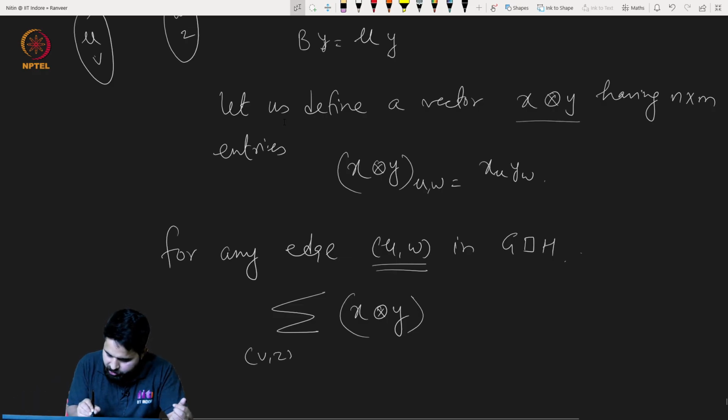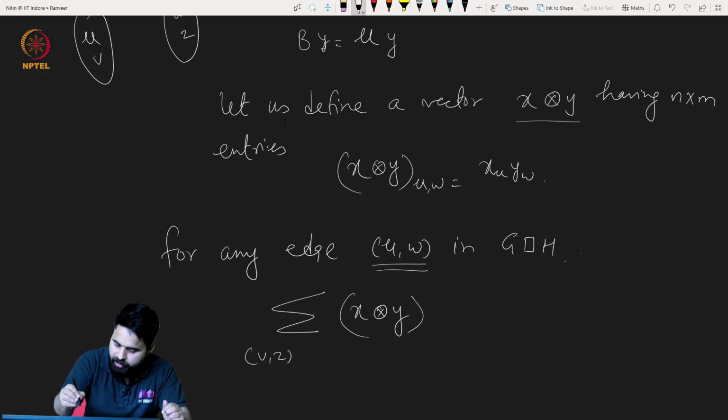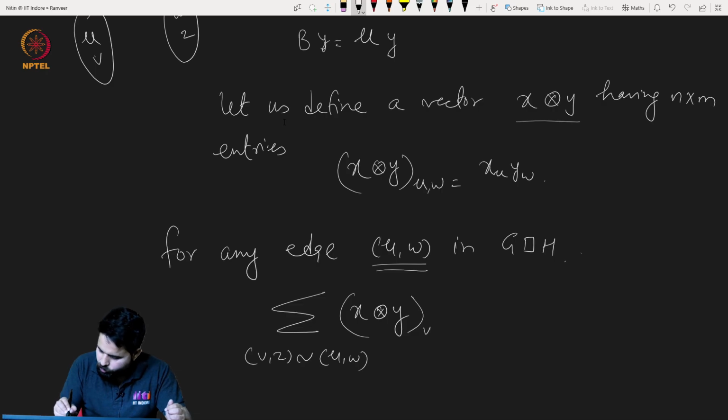So all (v, z) which are neighbors of (u, w), and we take this quantity.